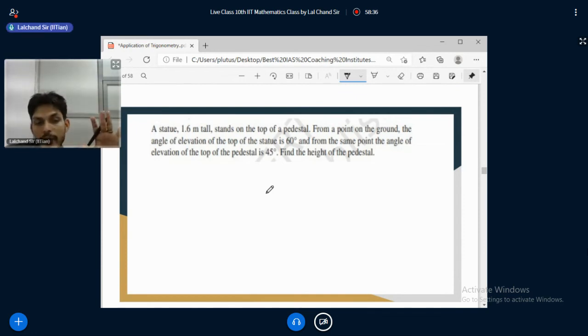First thing is to make a proper diagram by reading the problem statement. First thing in height and distance, you must make a diagram.